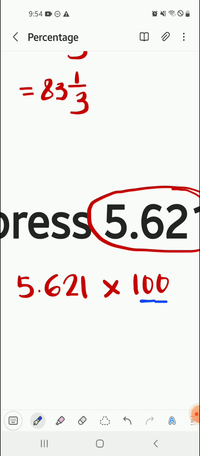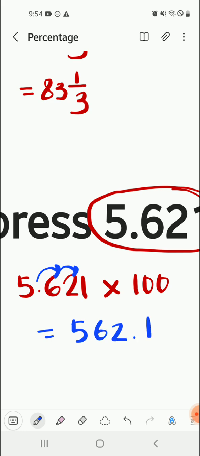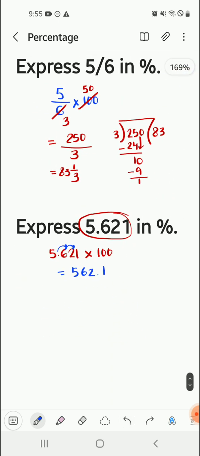There are 2 zeros, so the decimal point will shift twice to the right. So the answer becomes 562.1, because after the shift of the decimal point twice to the right side, it finally ends up over here, that is 562.1. So this is how we are going to convert it.